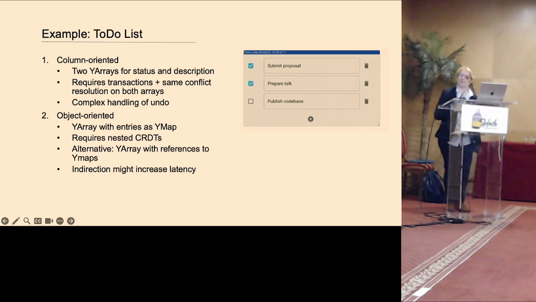The first student that sat down modeling the to-do list did it in a column-oriented way. Basically, I guess because Concordant didn't have nested CRDTs, so what we got were two arrays in essence, one for the status, so whether it's ticked or not, and one for the description. Two arrays meaning, if you put them together, then you have the status for the corresponding description. But as you all know, this means that you need to make sure that these arrays are always changed the same way, which means you need to have some form of transaction, making sure that if you add something to the one array, you also add something to the other, or remove, right?